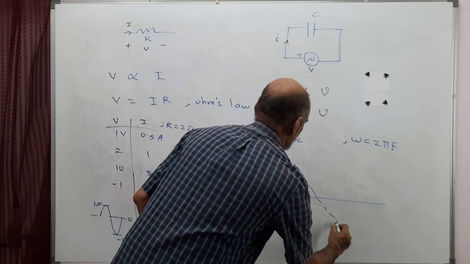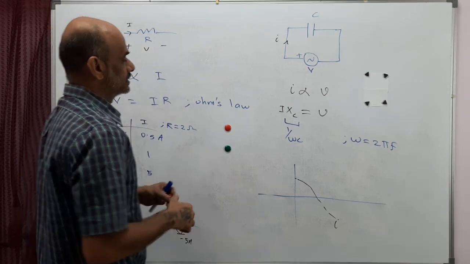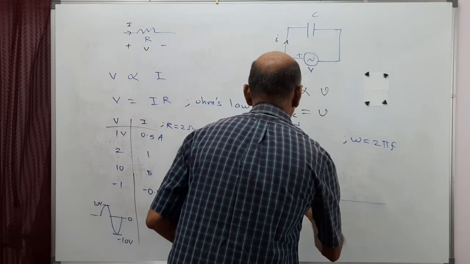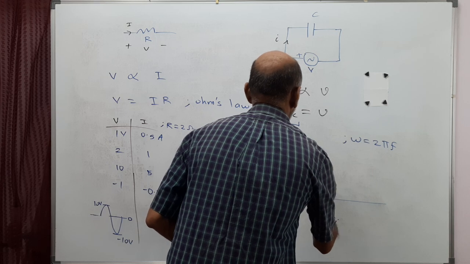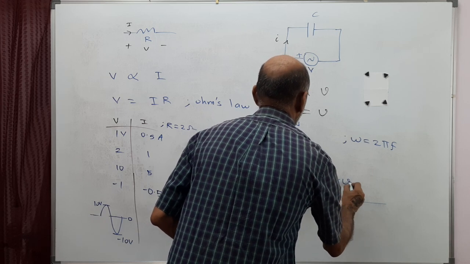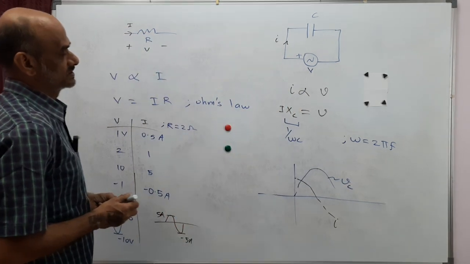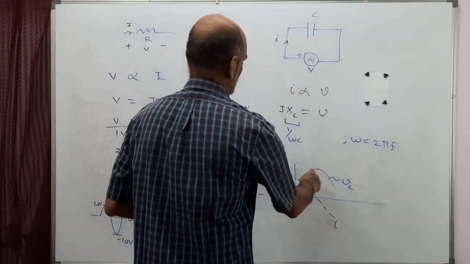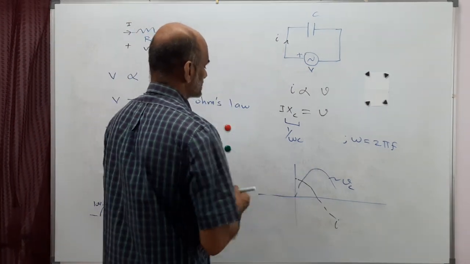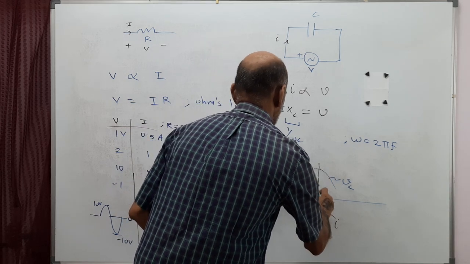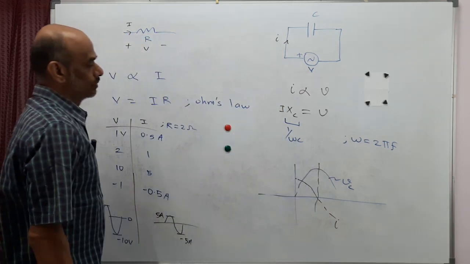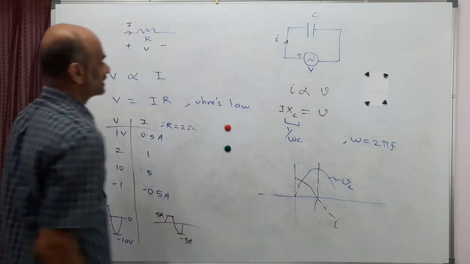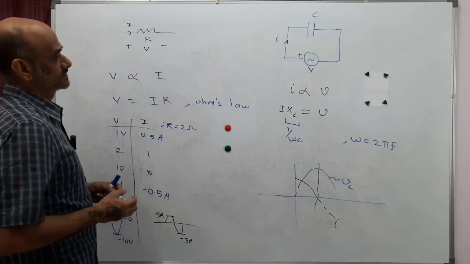If this is the variation of the current in the capacitor, the voltage waveform will look like this across the capacitor. So here the voltage is attaining a peak after 90 degrees. This is the same time. Voltage attains a peak later, the current attains a peak earlier. So current is leading the voltage by 90 degrees.